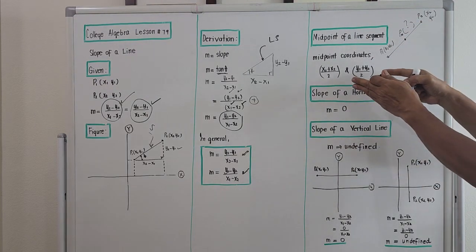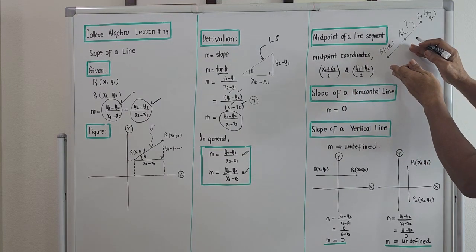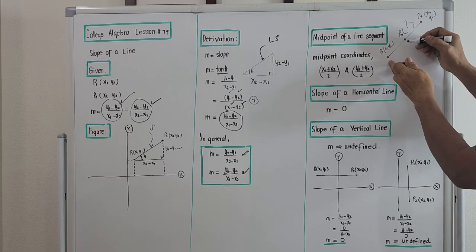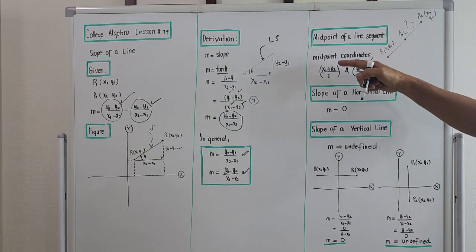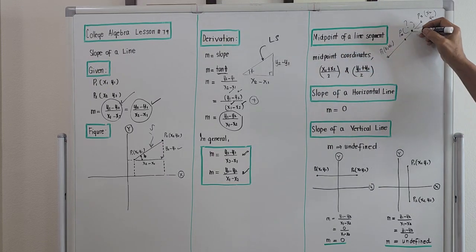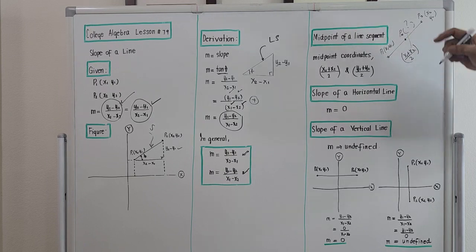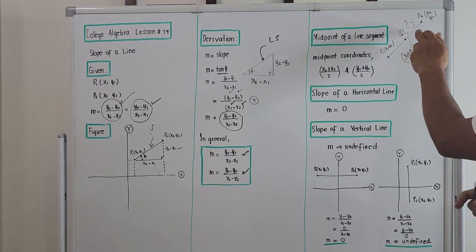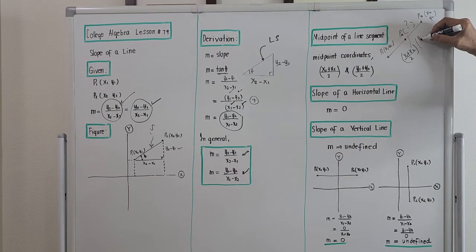Okay, no need for the derivation of this, because if you try to see the figure, of course the midpoint will be at the 1/2 location. So the abscissa of the midpoint will be x sub 1 plus x sub 2 over 2, right? So it will be at 1/2. That's the abscissa of the midpoint. And the ordinate of the midpoint, we'll take the sum of the ordinates, y1 plus y2 over 2.